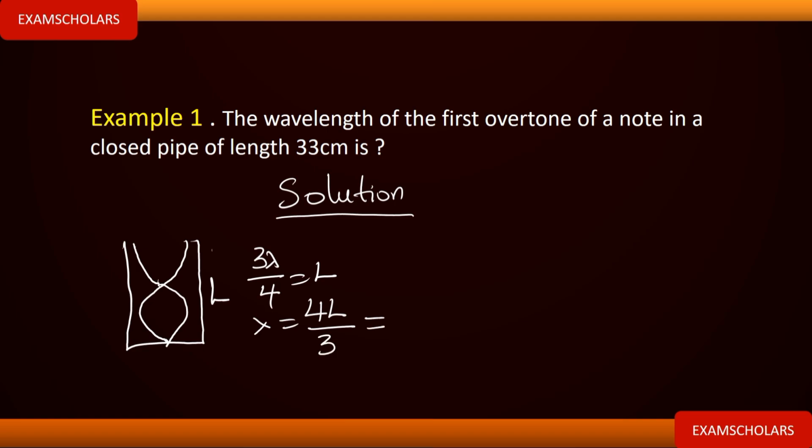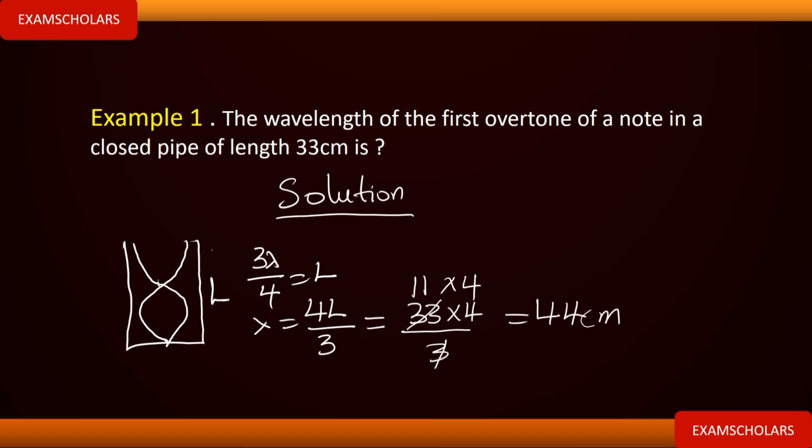What were you given in the question? You are given the length, 33 centimeters. So you have 33 times 4 over 3. 3 in 33, you have 11 times 4.